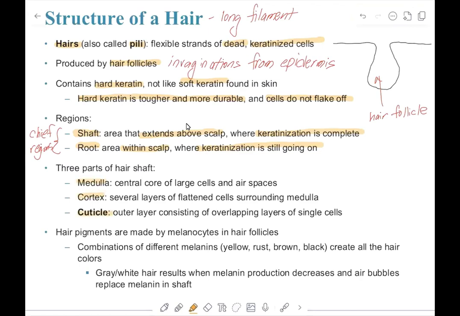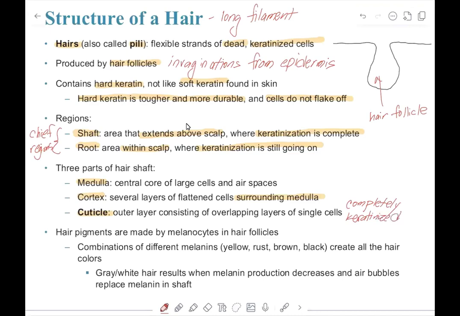The medulla has a central core of large cells and air spaces. The cortex has several layers of flattened cells surrounding the medulla. And the cuticle is the outermost layer. This is where we occasionally find split ends, and it's mostly completely keratinized. So I'll write completely keratinized here.